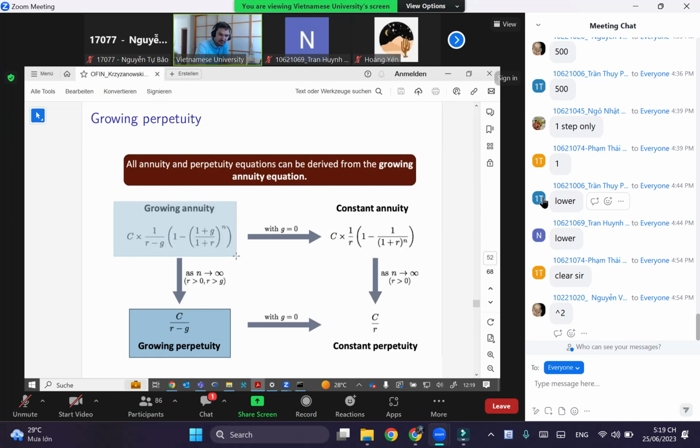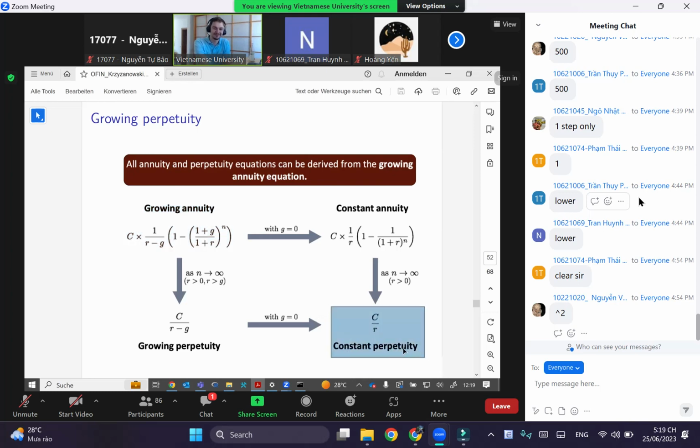Why is that? The growing annuity allows for what? It allows for growing payments over time, for growing cash flows over time, and it allows for an infinite time horizon. No, sorry, that's the constant perpetuity. The growing perpetuity allows for infinite horizons, and it allows for growing payments.